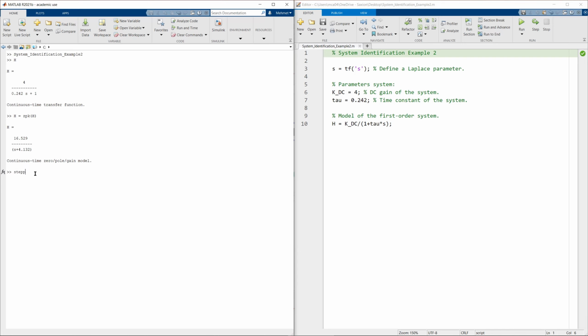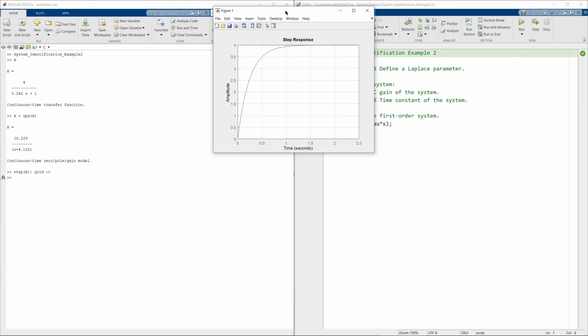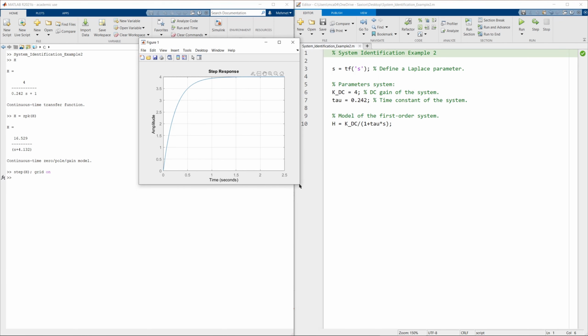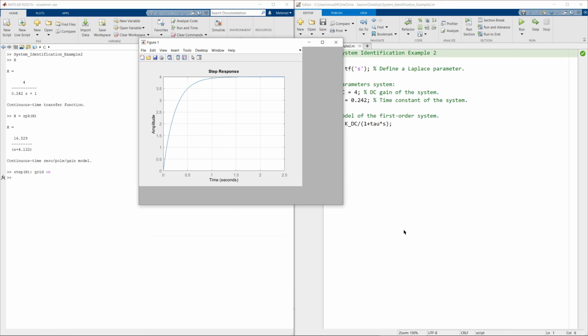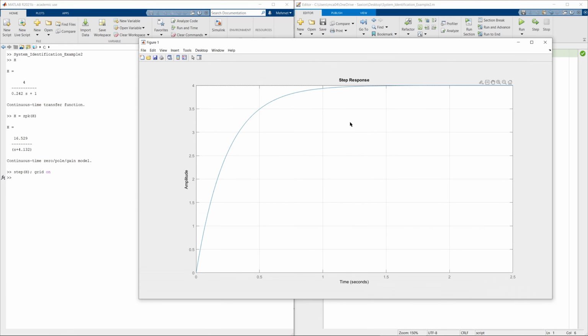Now what I do is step. So I will do step of H, and then I will do grid on. You can see directly the curve. Now this is what we have. So let me make it larger. And again, if I check the steady state value, it is indeed 4 as we have determined, because that's what you also see here.